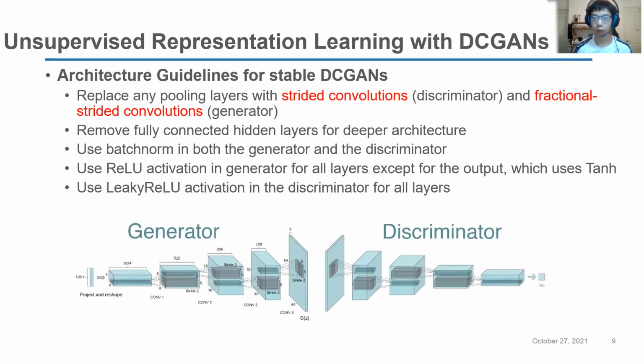What are the architecture guidelines for stable DCGANs? First, replace any pooling layers with strided convolutions in the discriminator and fractional strided convolutions in the generator. The reason to do this is to allow the network to learn its own spatial upsampling and downsampling. Second, remove fully connected hidden layers for deeper architecture.